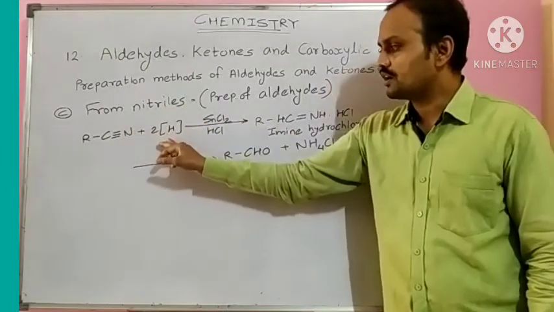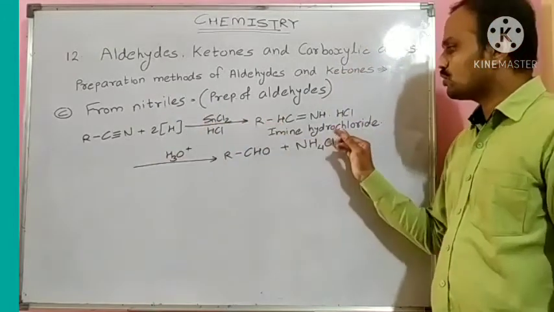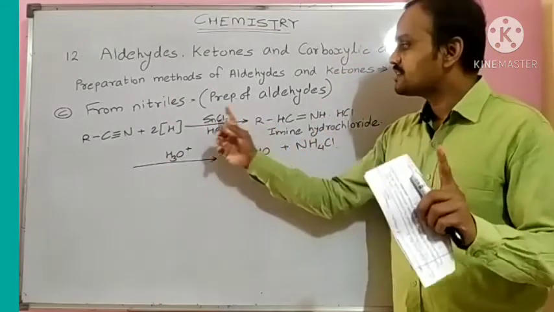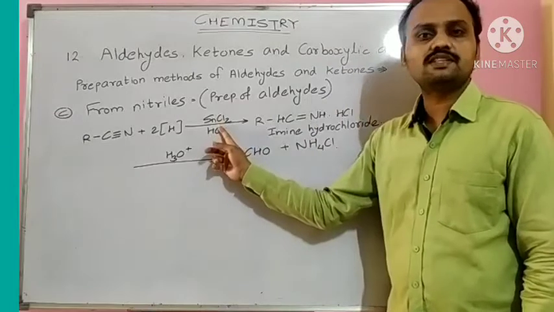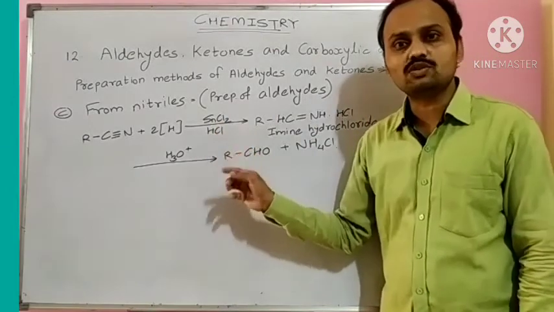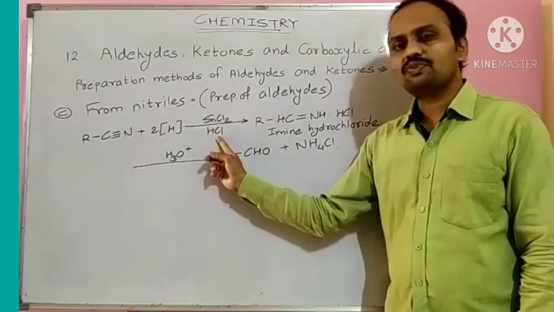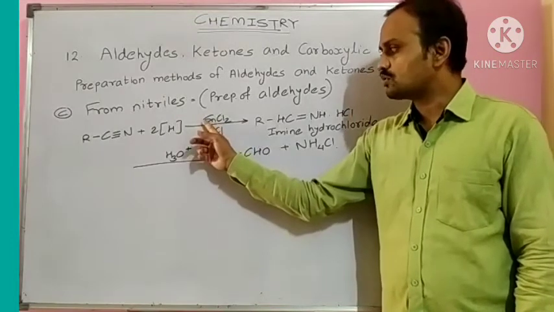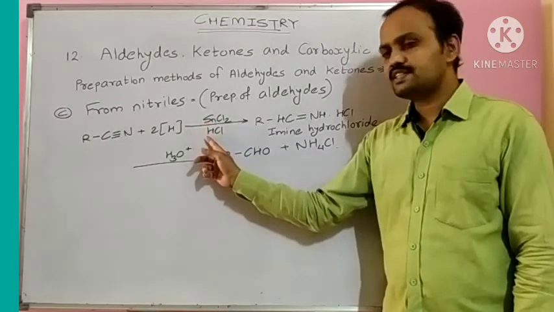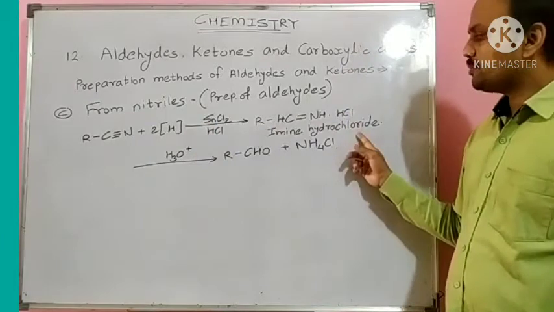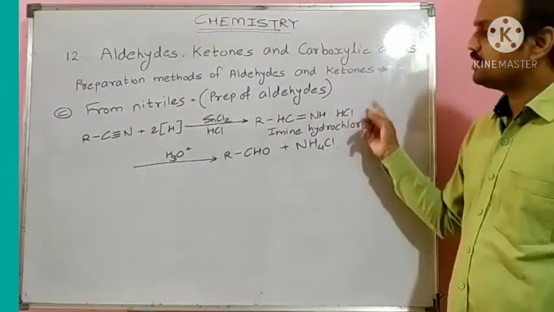Nitriles are reduced to imine hydrochloride by stannous chloride in presence of HCl. Stannous chloride is the reducing agent along with HCl. Imine hydrochloride is the intermediate.